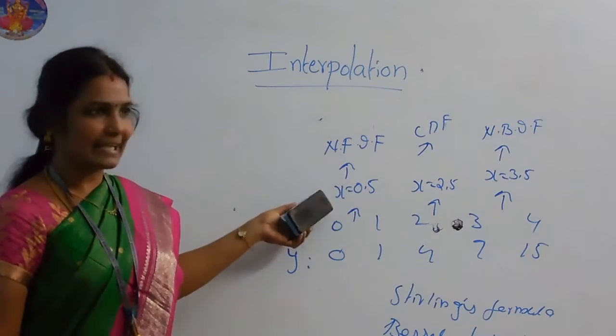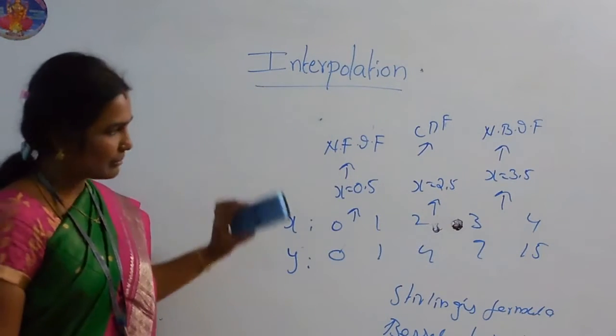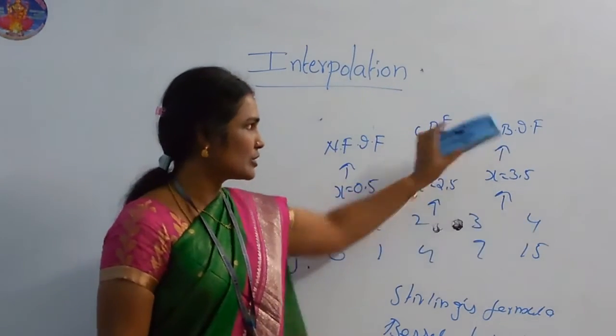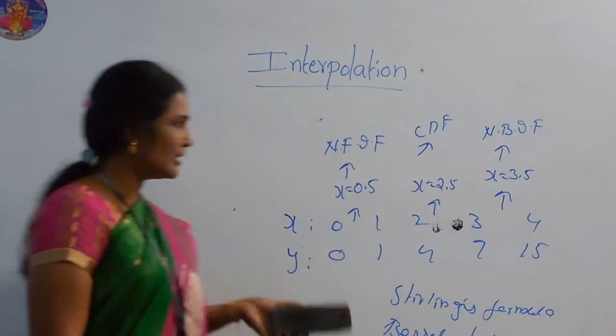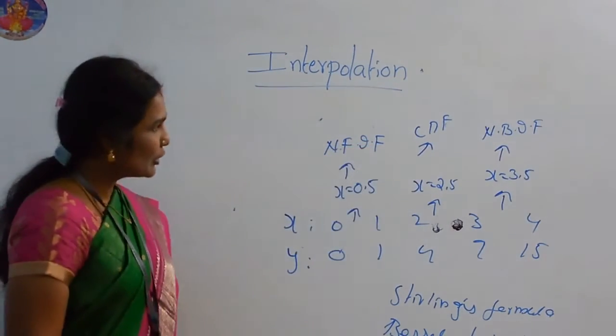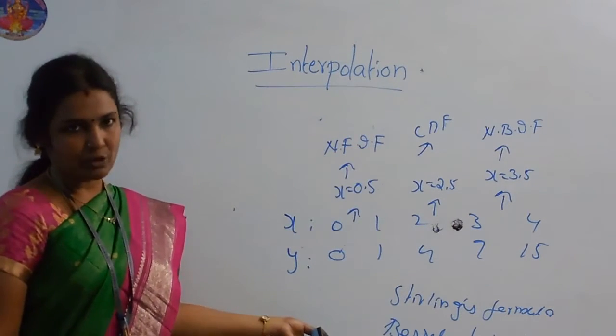So to find the starting of the table values, we use Newton's forward interpolation formula, to find the end of the table values, we use Newton's backward interpolation formula, and to find the central values, we have to use central difference formulas known as Stirling's formula and Bessel's formula.